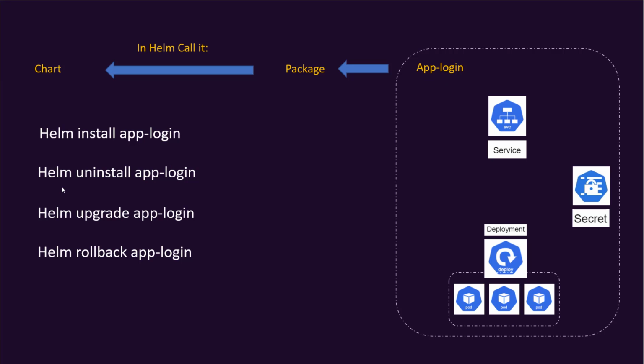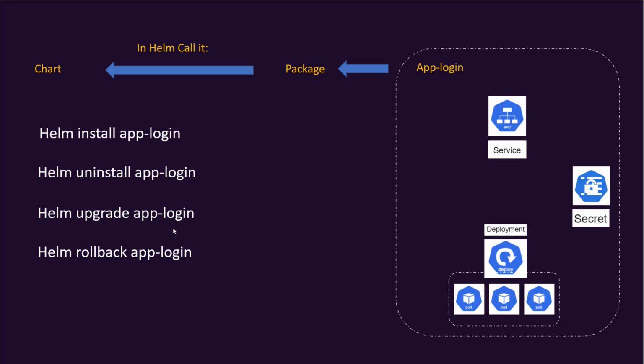If we want to uninstall it by one command, just type helm uninstall and the name of the application. If a new image of the application is released, with helm upgrade and the name of the application, we can do the upgrade.